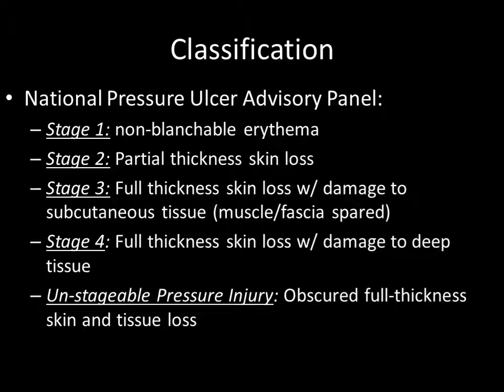And stage 4 is full thickness skin loss with damage to the deep tissues. And one of the stages is called unstageable pressure ulcer, in which the ulcer is obscured by a covering scab or eschar, and we cannot judge how deep the tissue damage is.